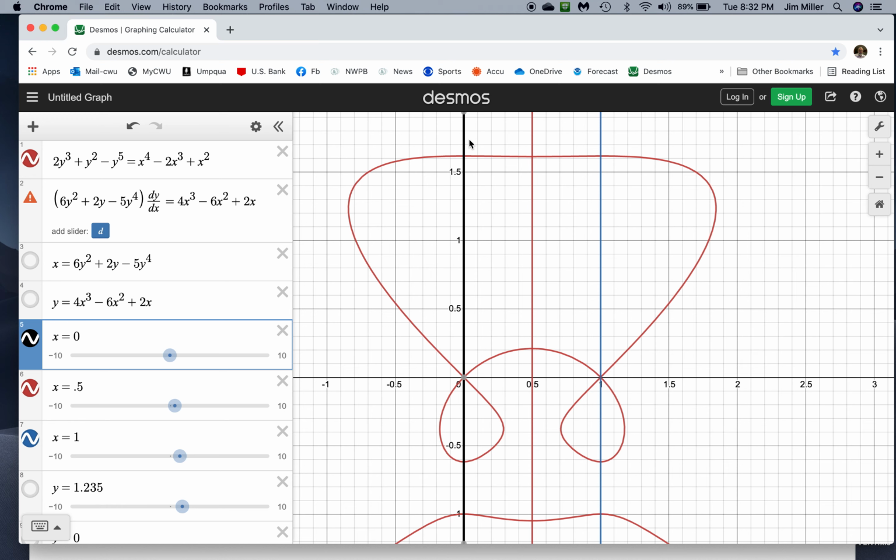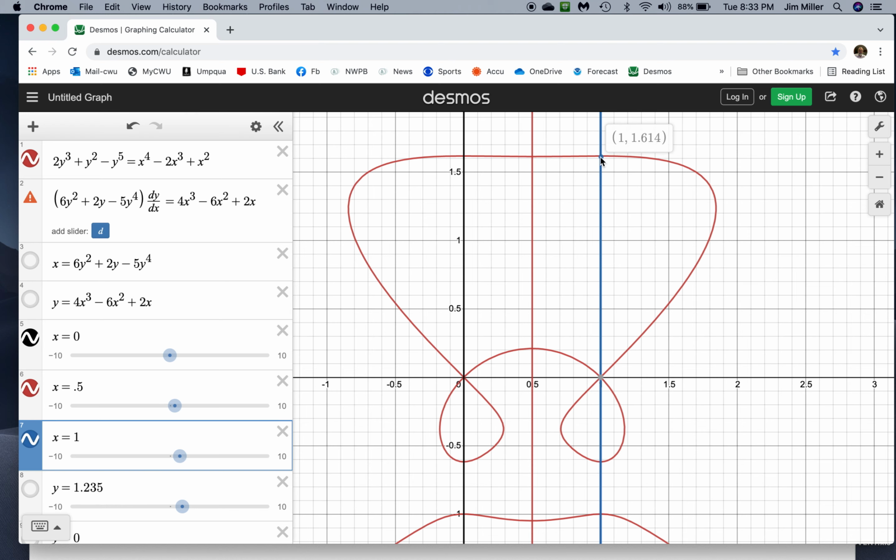So there are 1, 2, 3, 4, 5, 6, 7, 8 places where the tangent line is 0. And those points are, if I just click there, I can see it's 0, 1.624, and 1, 1.63. It's approximate. I can move around.